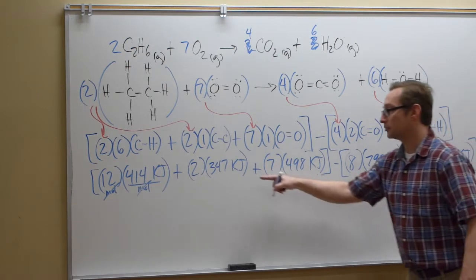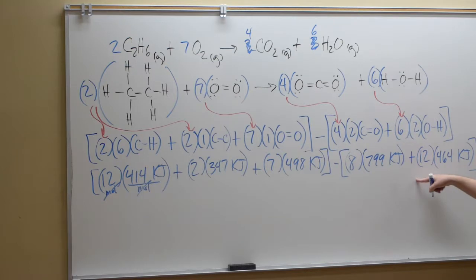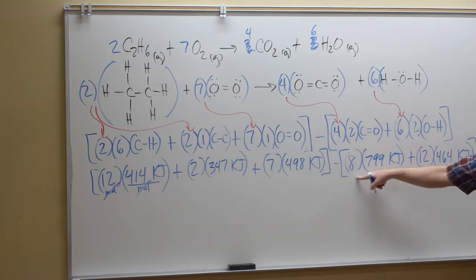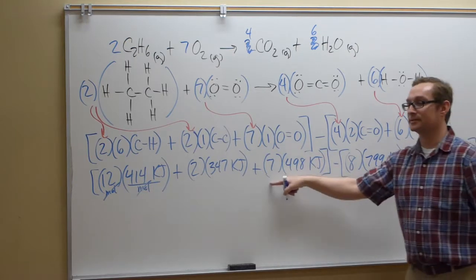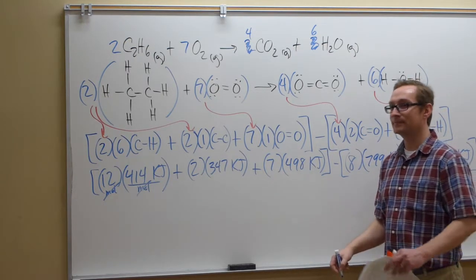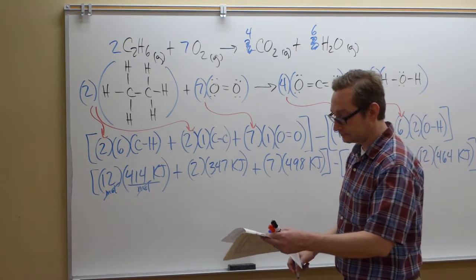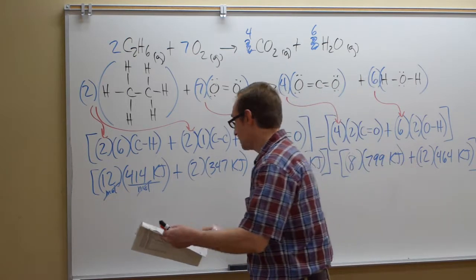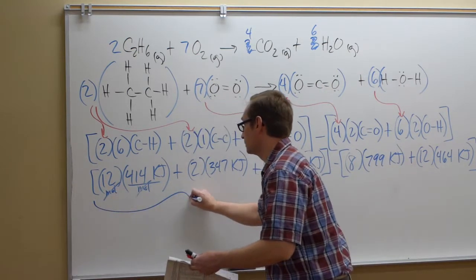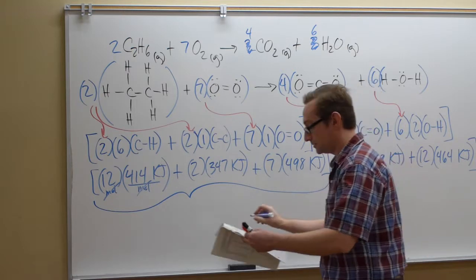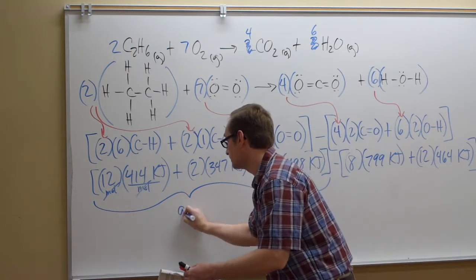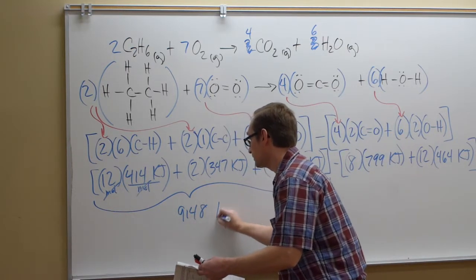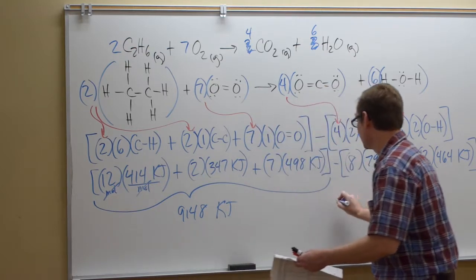So again, reactants minus products. Okay, if this was using heats of formation, it would be products minus reactants. Okay, but it's reversed. So from this, just from the reactants, we would get 9,148 kilojoules.